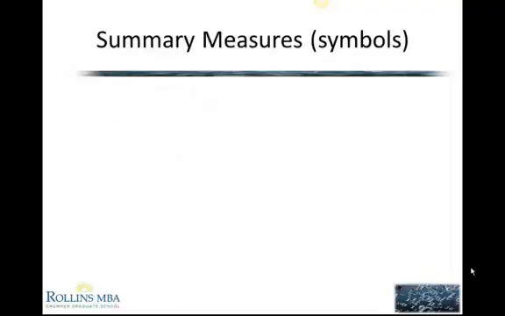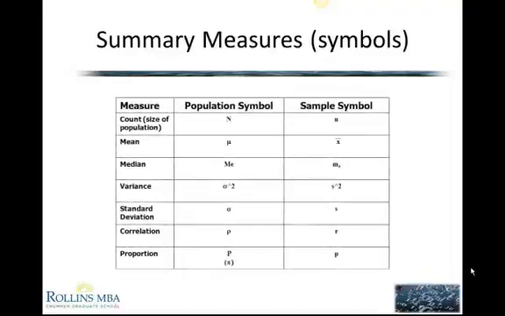And I've provided for you here a table of some of the most common measures that are taken on populations or on samples and the symbols that are associated with them. So when we take a measure on a population, we call it a population parameter. And that could be the mean of the population, the median, the variance, etc. If we take that same measure but on a sample, we call it a sample statistic.